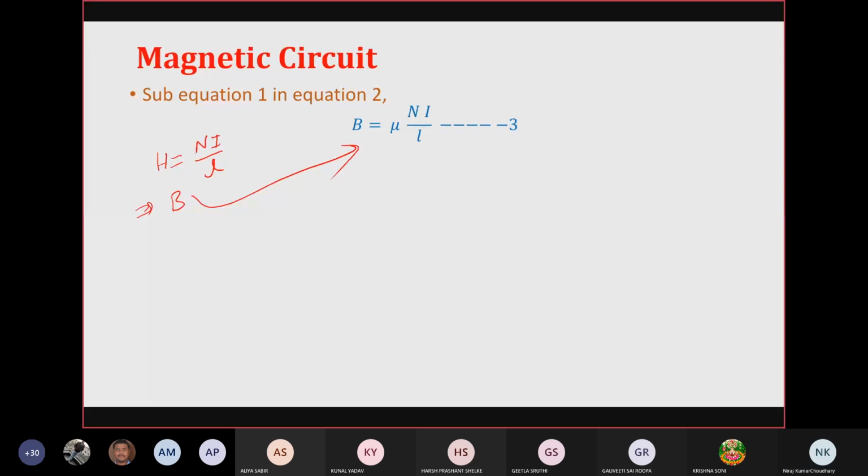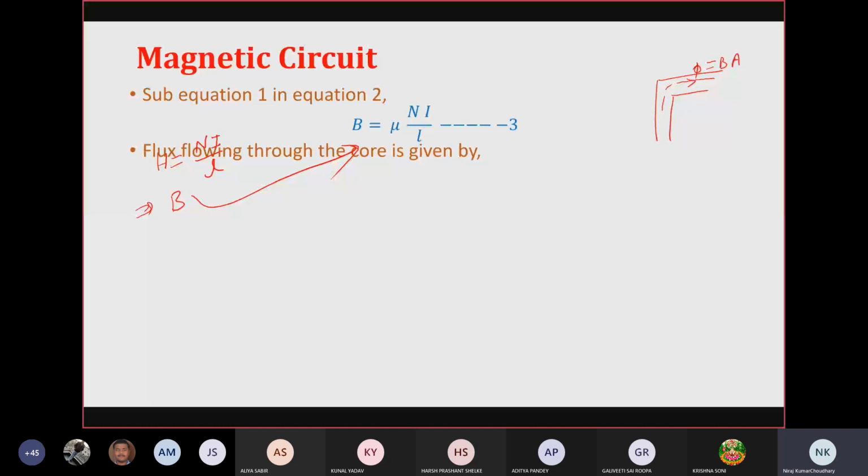Right. Now after calculating the total flux density B, we can easily calculate the flux flowing through the core. The flux passing through the cross section, phi, is basically phi is equal to BA, right?